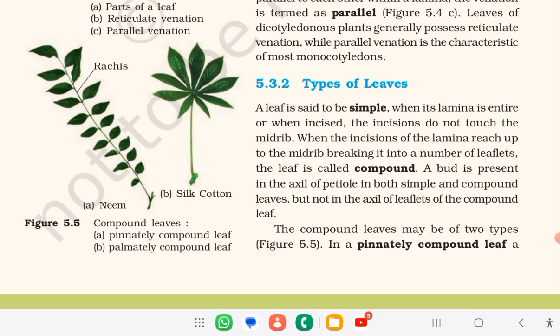The compound leaves may be of two types. Refer to figure 5.5, showing a pinnately compound leaf and a palmately compound leaf.